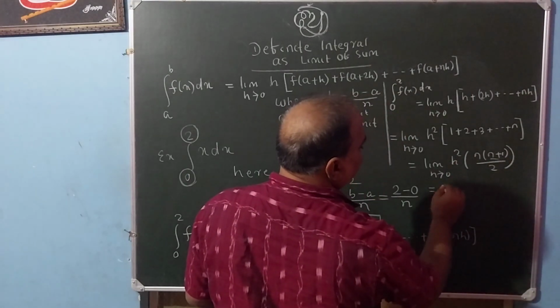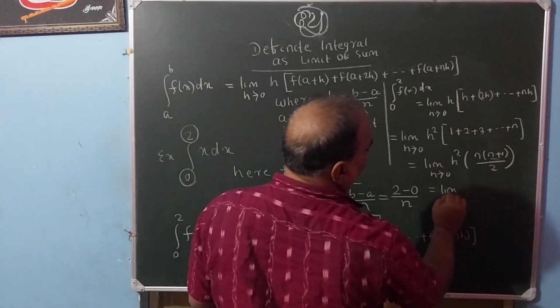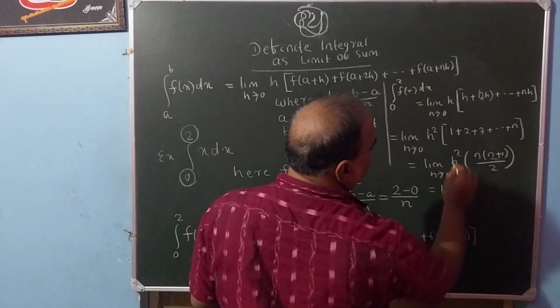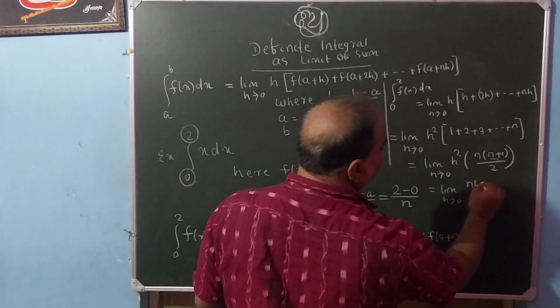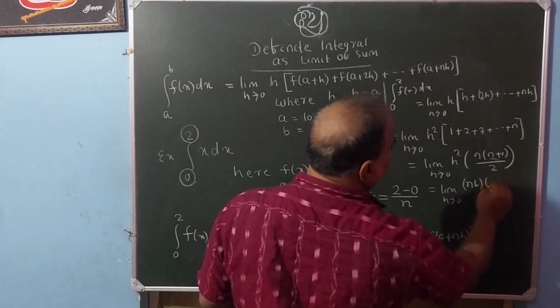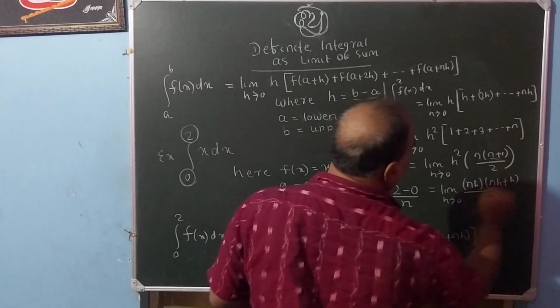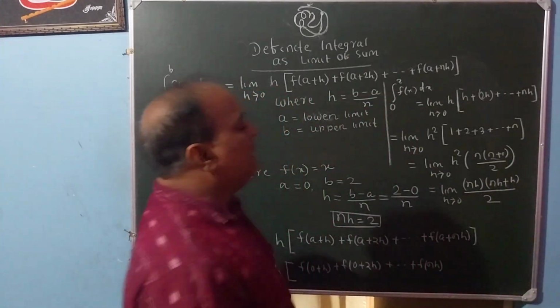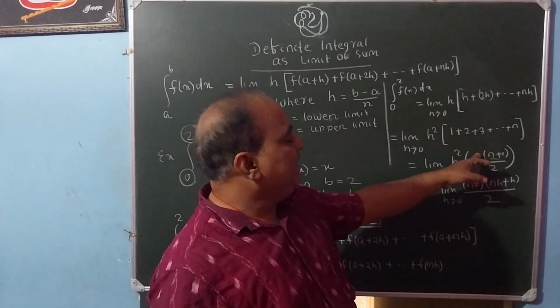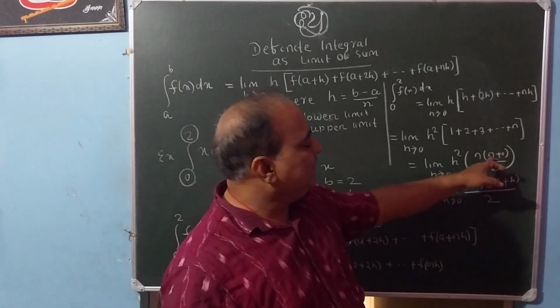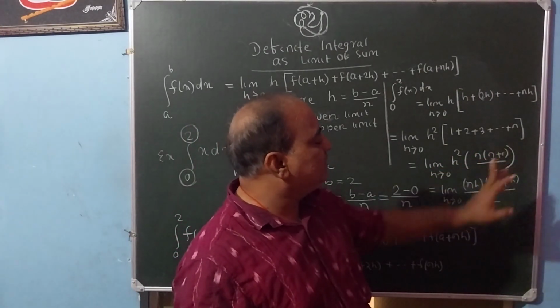We get limit h tends to 0, we get nh into (nh plus h) by 2. I am multiplying h in n, another h in this quantity, nh plus h.